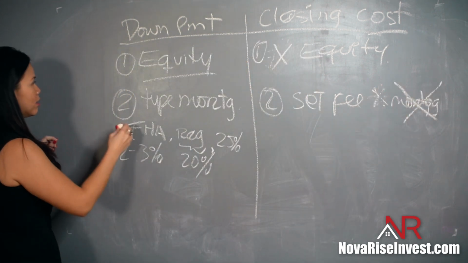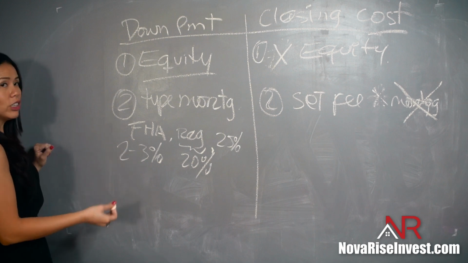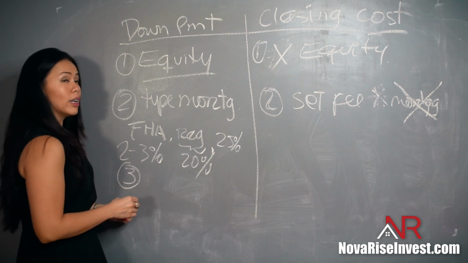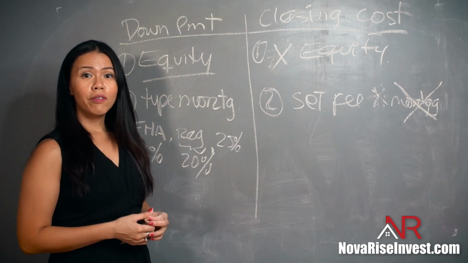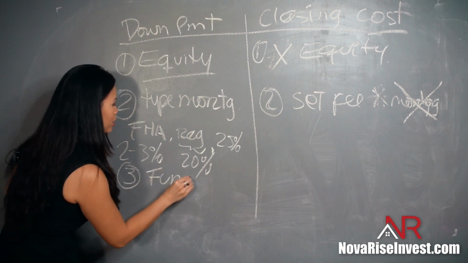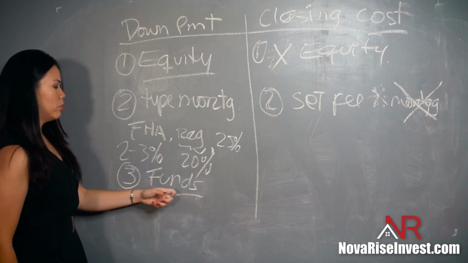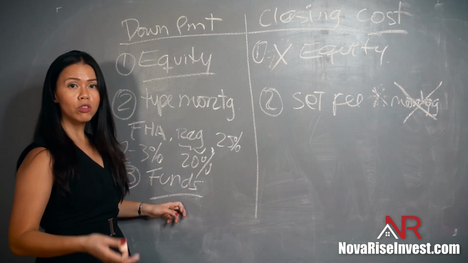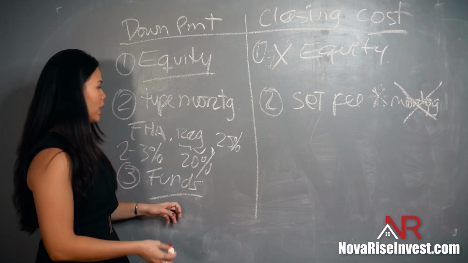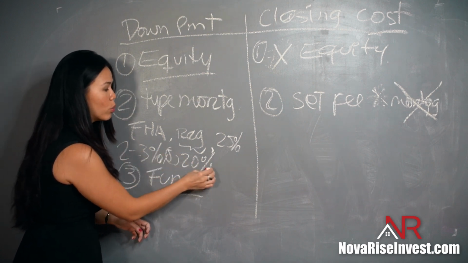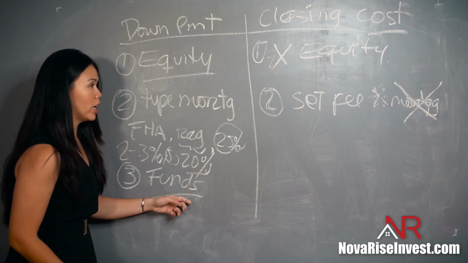And then the next thing I want you to take into consideration between the differences and the similarities, and one of them is that number 3, you have to show fund seasoning, right? You have to show that you actually have the funds in your bank account, because based on that, they're going to want to ask you to wire that money to the closing agency, to the buyer, whether it's 2 to 3% or 5 sometimes, or 20 or 25%, right?